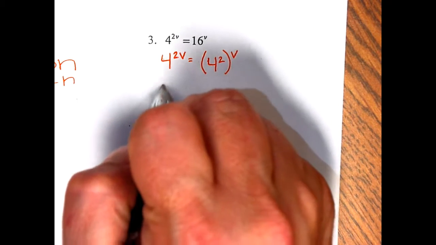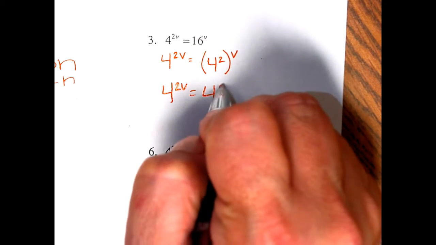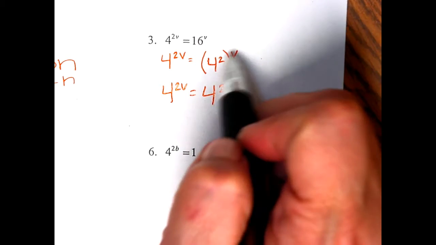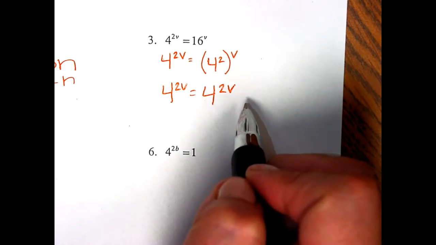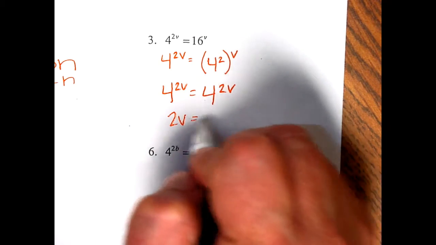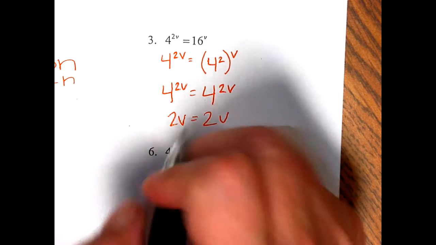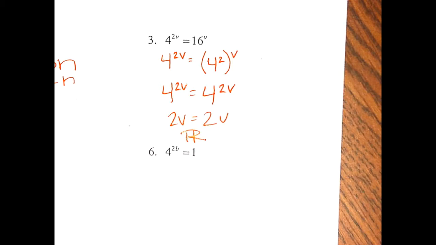So I have 4 to the 2v equals 4 to the 2v, so we need to multiply those. Now that I have same bases and no work to do, I can drop the bases. So I have 2v equals 2v, which we know is all real numbers.